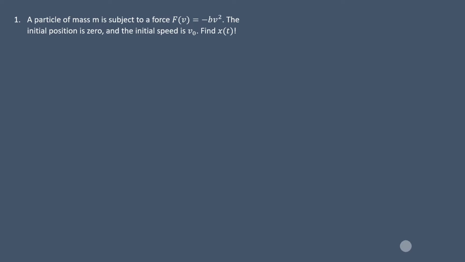First, writing it as F equals ma, that gives minus b v squared equals m dv/dt.